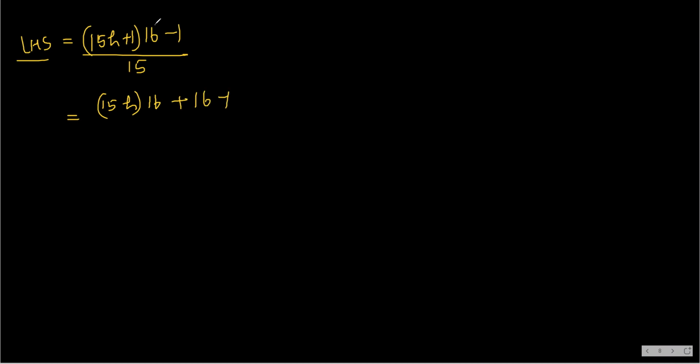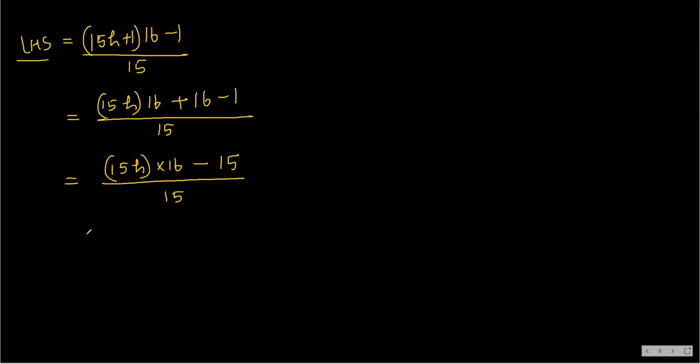I multiply this 16 inside in both the terms, and here I have minus 1 upon 15. So this gives me 15h into 16 minus 15. 16 minus 1 is 15 upon 15. Now in the numerator, let me take 15 common. So you get 16h minus 1 upon 15.